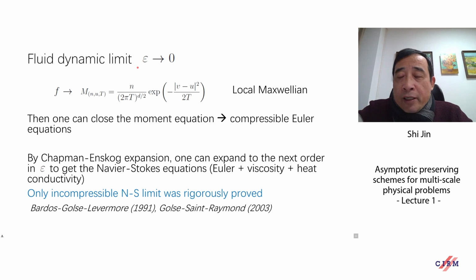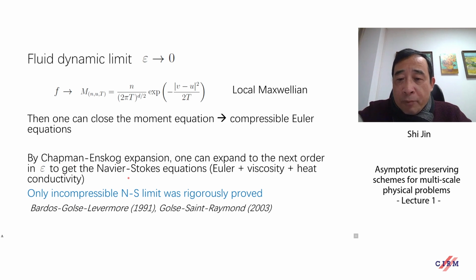Of course, epsilon is not really zero. It's small, but not zero. If you do a more careful expansion of the solution in epsilon, you get the Navier-Stokes equation, with an extra term. Instead of the right hand side being 0, you get the viscosity term and heat conductivity. That's how one derives Navier-Stokes from Boltzmann by expanding to the next order. The expansion is called the Chapman-Enskog expansion.